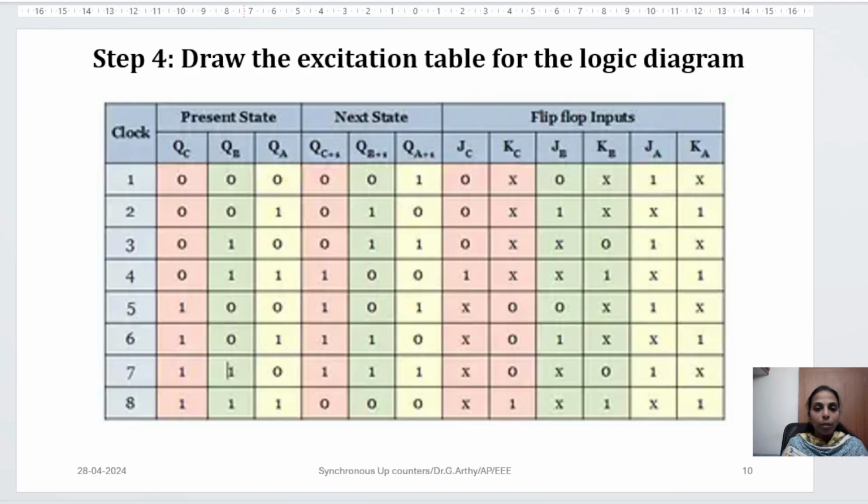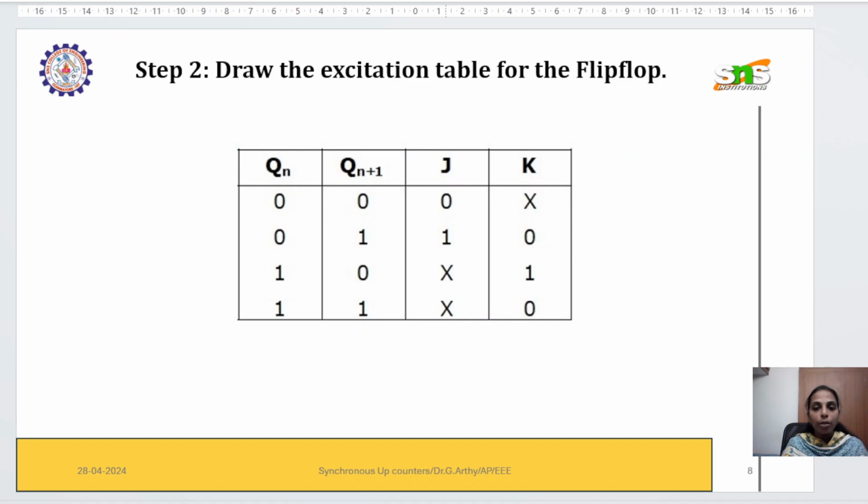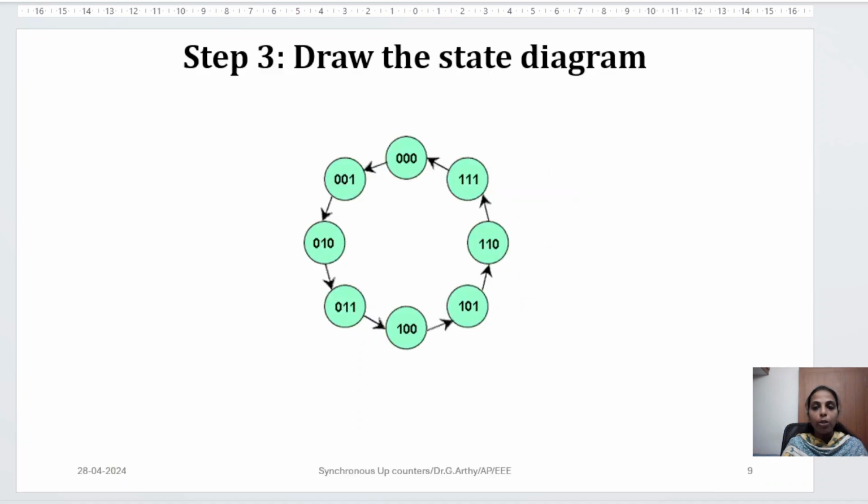Similarly, coming to QB. QB, the present state, is 0, and QB plus 1, the next state, is 0. If it is 0, 0, from the excitation table of the JK flip-flop, J will be 0 and K will be don't care.